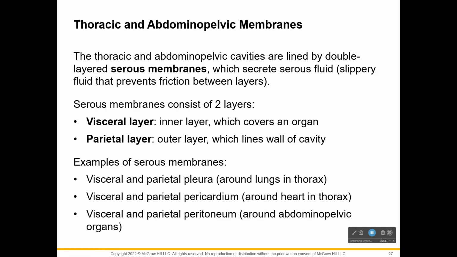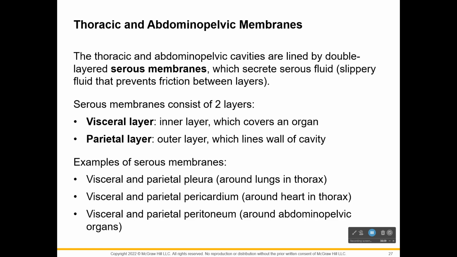So there are some membranes associated with the thoracic and abdominopelvic organs, and this is tested probably more often than anything. So star this slide also. So there is a double layer of serous membrane. Take a piece of paper and fold it over. You've got a serous membrane that's doubled, right?